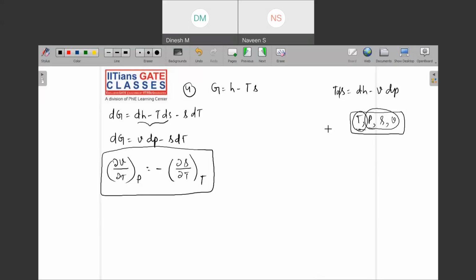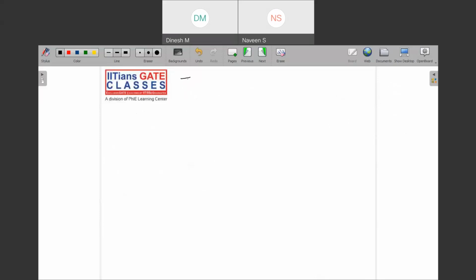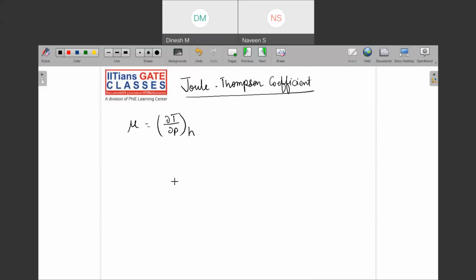Okay. Let us now move to the Joule-Thomson coefficient. See, the Joule-Thomson coefficient is denoted by mu. This is equal to delta T upon delta P when your enthalpy is equal to constant.